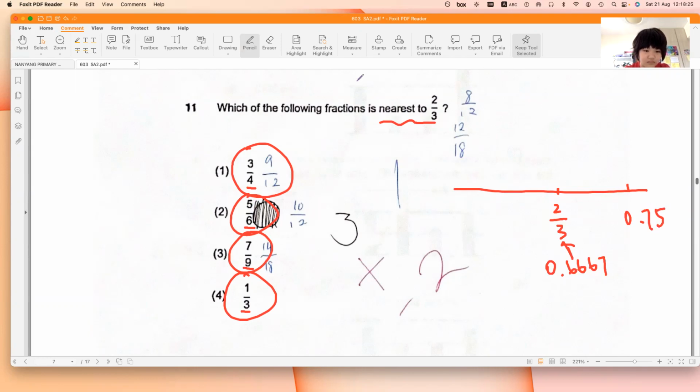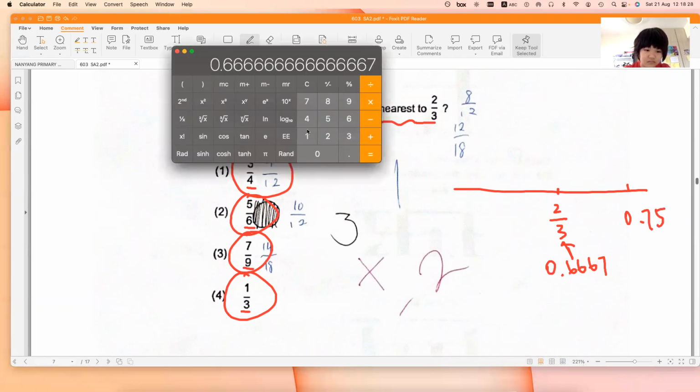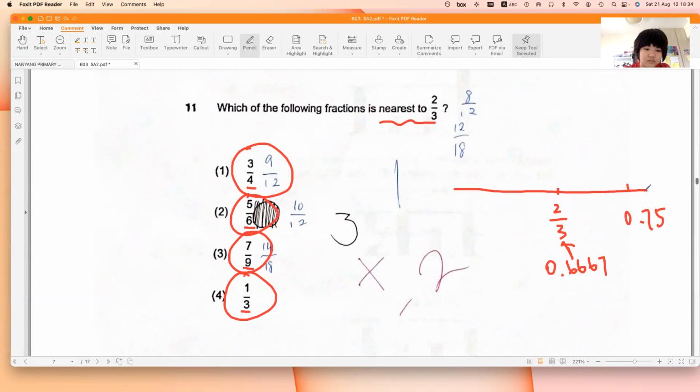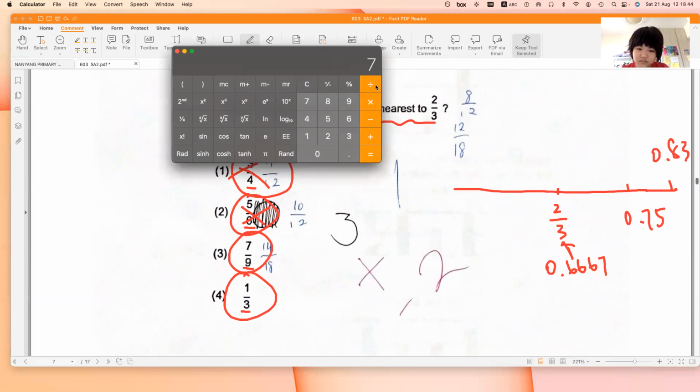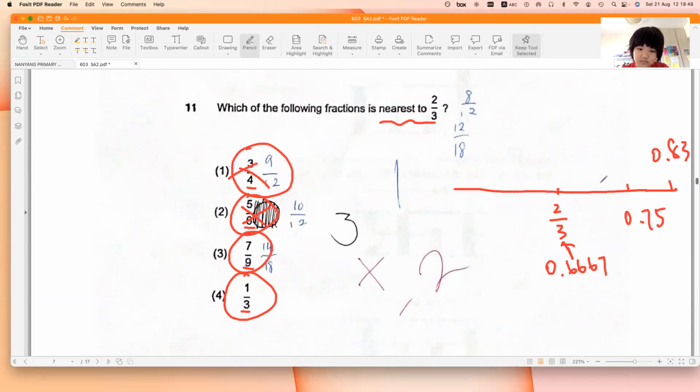And 5/6 is 0.83. And this is 7/9, which is 0.778. And this is 0.3333333.